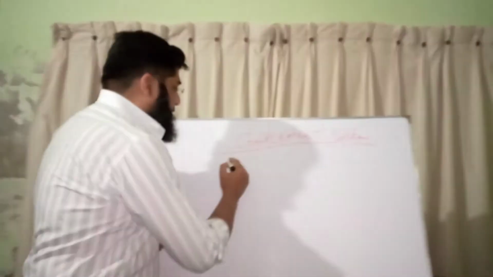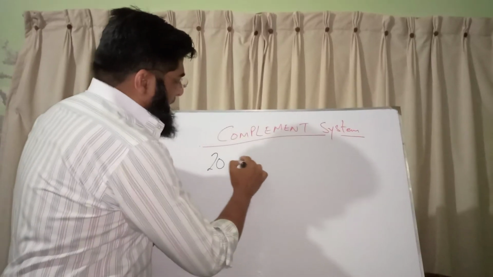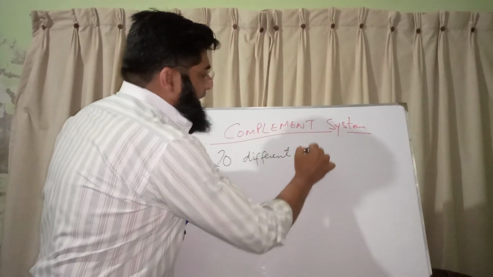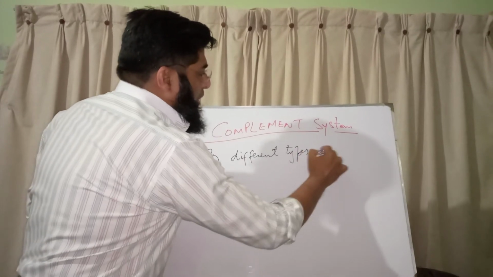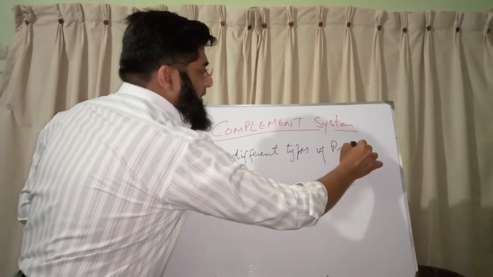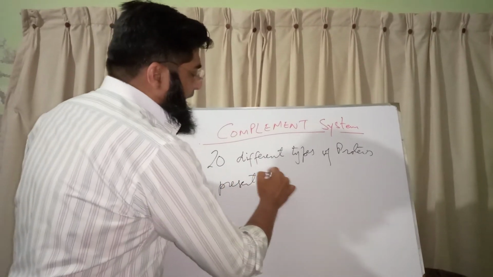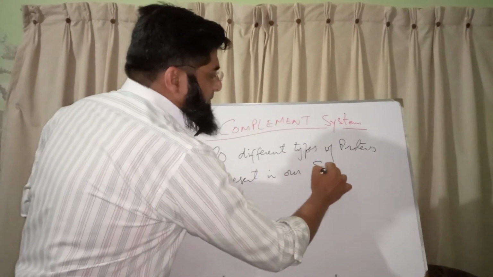Okay, 20 different types of proteins present in our serum.